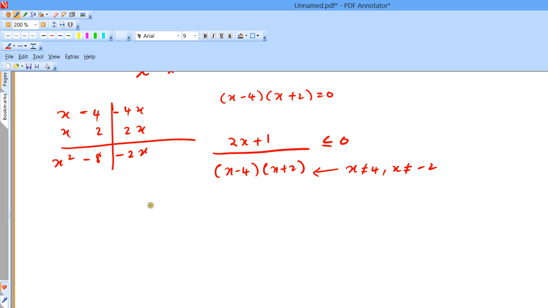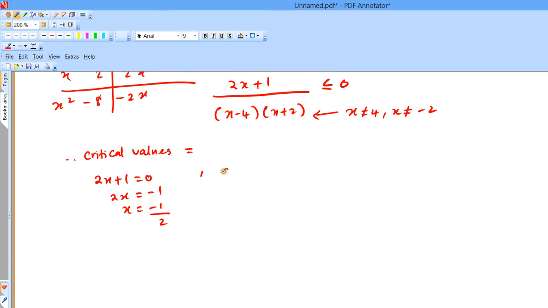So our critical values: the first one, 2x plus 1 equal to 0, 2x equal to -1, or x equal to -1 over 2.